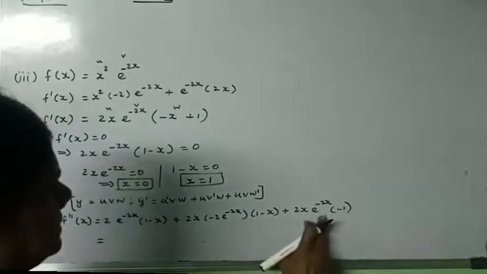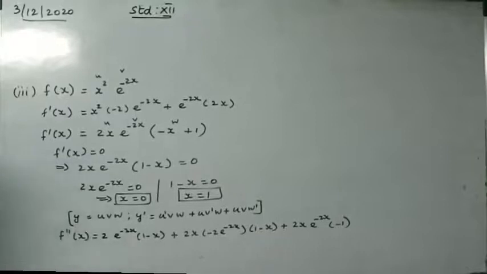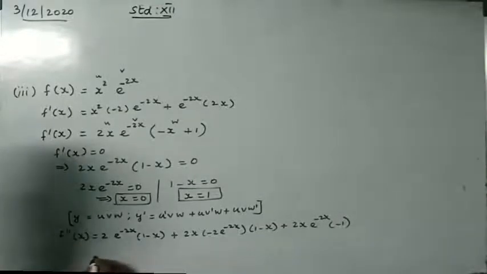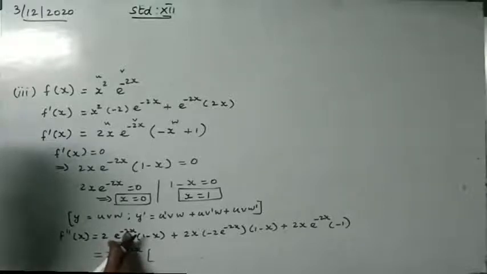1 minus x is not common here. So now take the common factor out. Here the common factor is 2 e power minus 2x. So 2 e power minus 2x goes out, balance 1 minus x.